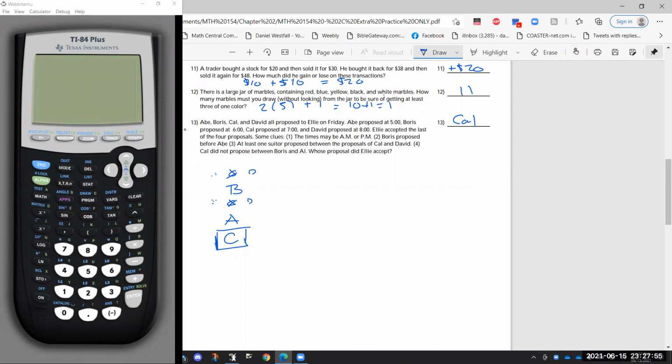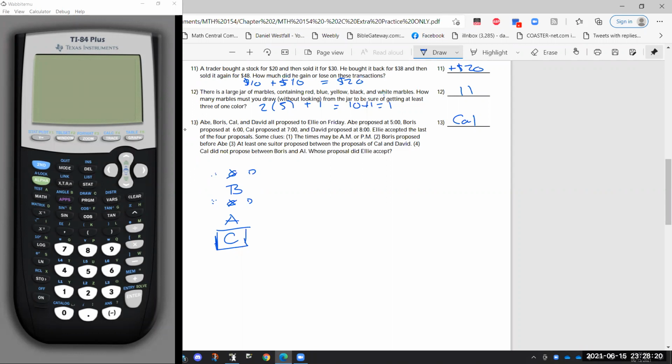And let's see here. So now let's try and figure out where D goes. B is going to have to be in the morning then, right? So this is going to have to be 6 a.m.